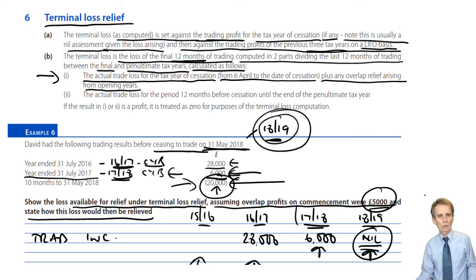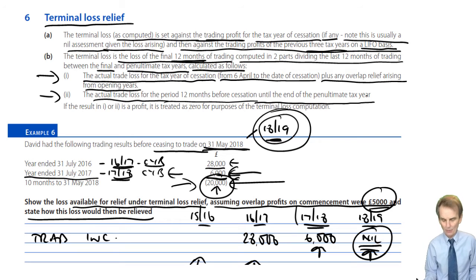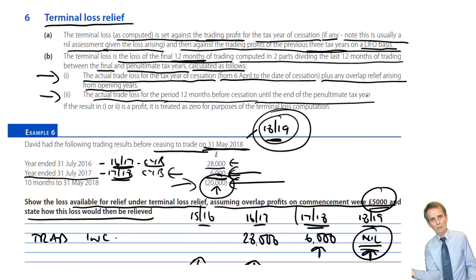Having then dealt with that part of the last 12 months of trading that falls in the final tax year, we then look at how much of the last 12 months of trading falls in the penultimate tax year. So the actual trade loss for the period 12 months before cessation until the end of the penultimate tax year. We've got the bit from the start of the final year, the 6th of April through to date of cessation.